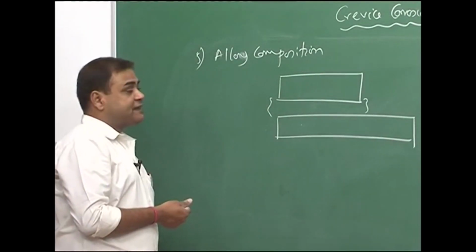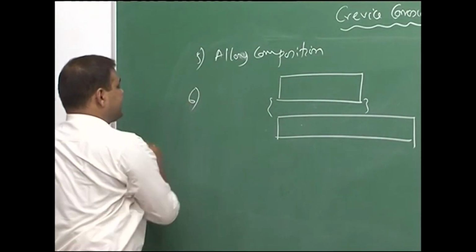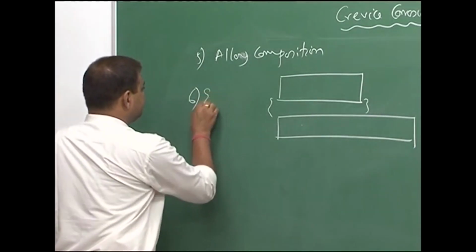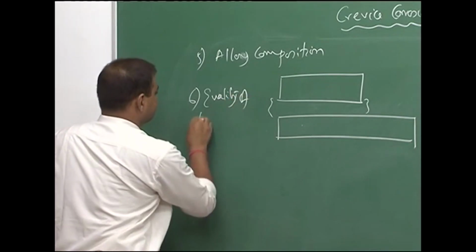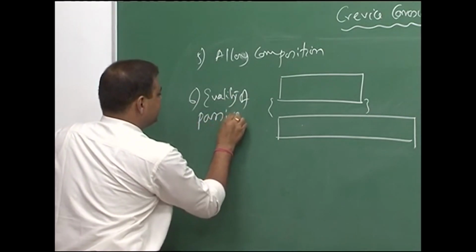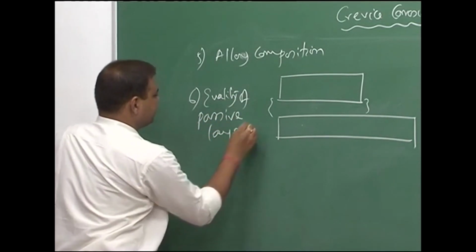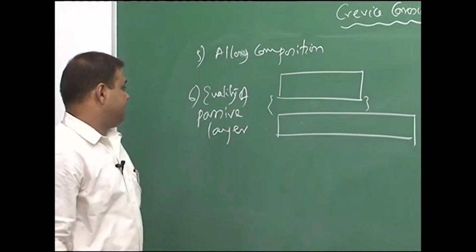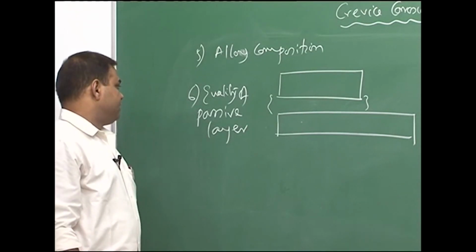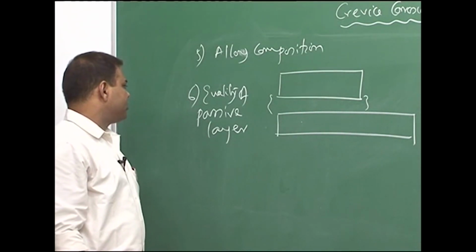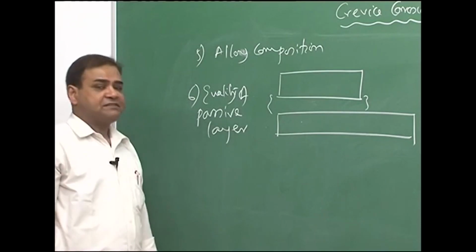And if it becomes passive, then another factor is the quality of passivity or quality of passive layer, whether it is a very stable passive layer or it could be slightly or it could be unstable passive layer.